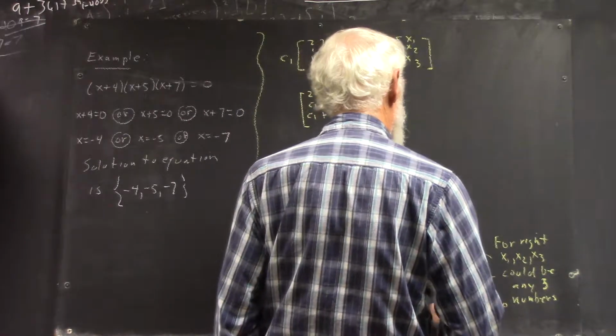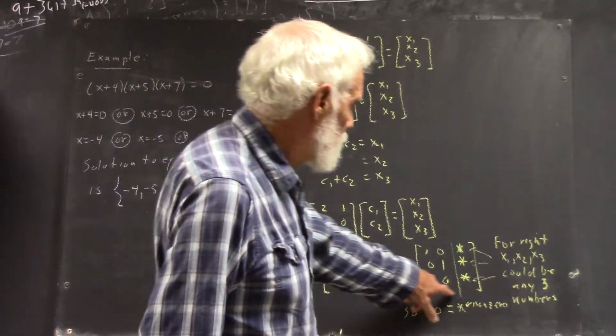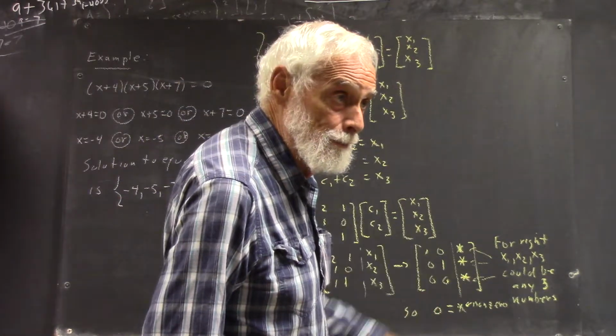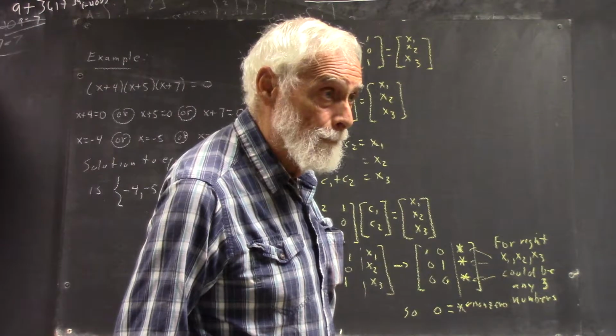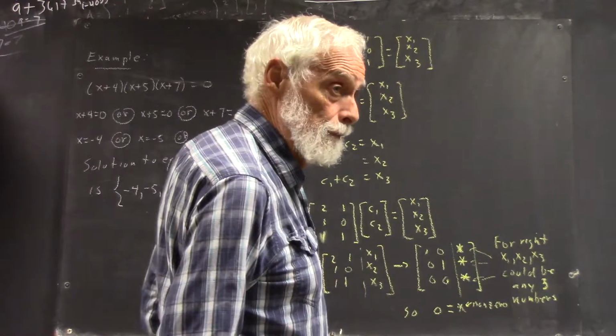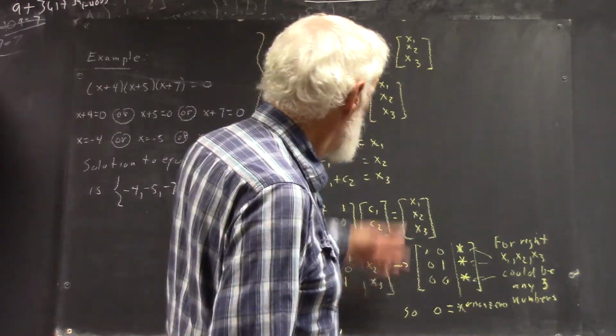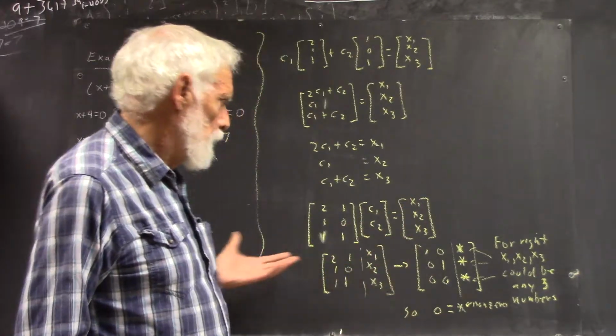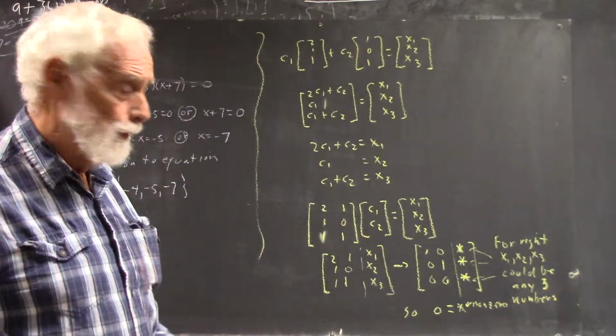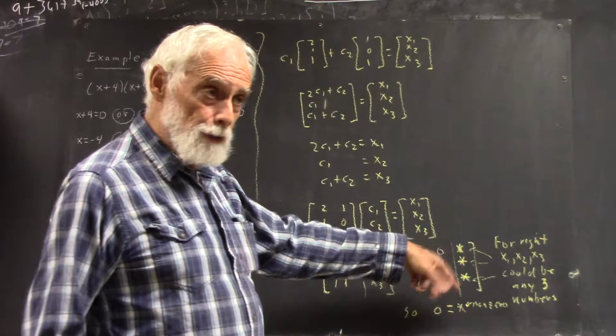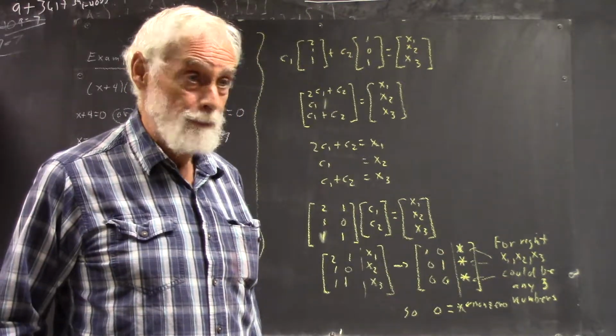So 0 equals something that's non-zero is what you would get from this last row. Okay? So there's no solution. And for most X1, X2, X3, you would have no solution, because for most X1, X2, X3, that's exactly what you're going to get, 3 non-zeros. Okay?